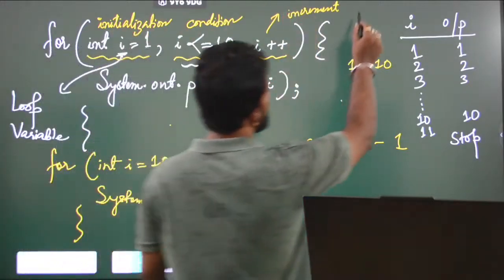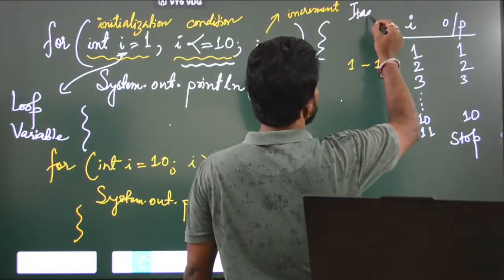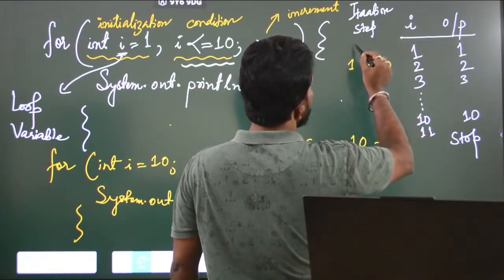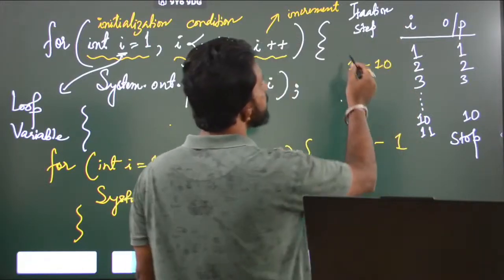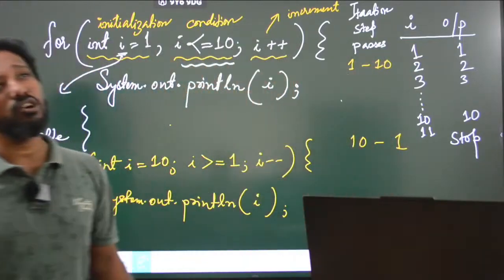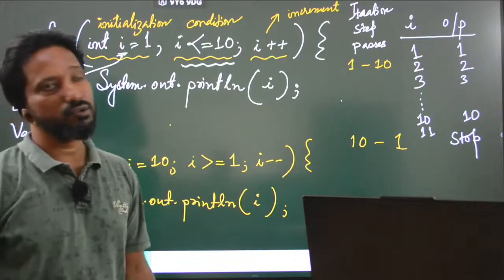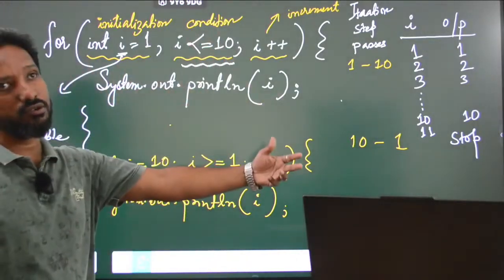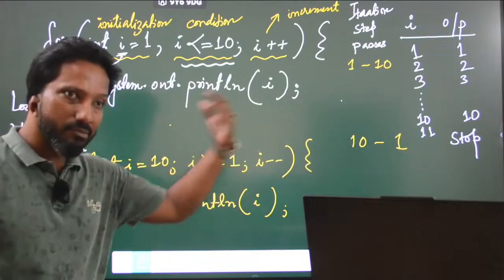This word is very important. Iteration, step, number of passes: you will be using these words a lot when you are learning DSA. Iteration is the number of times a loop executes, the number of times something happens.